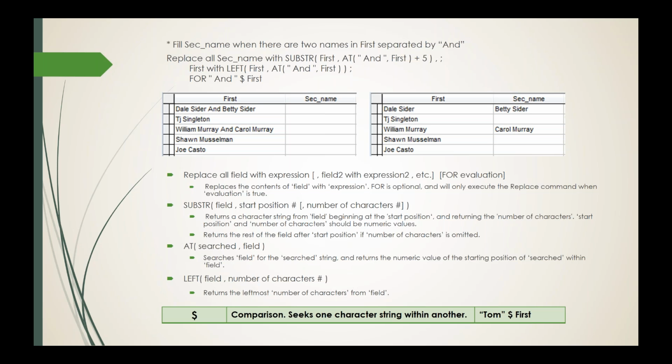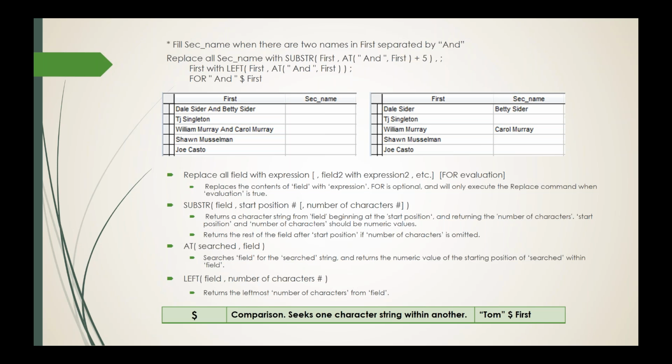And as you can see, using that left function, the first thing we provide is a field. So we're looking at our first field as well. Second parameter that we provide is another AT function. This time I'm using the exact same AT function I did in my previous expression, but I'm not adding 5 to it.